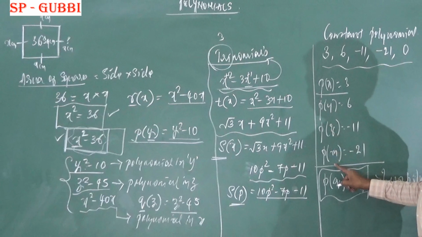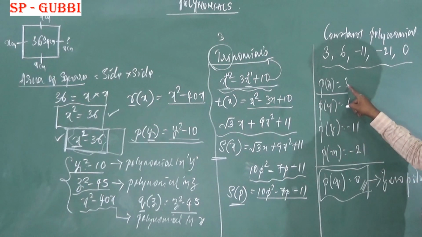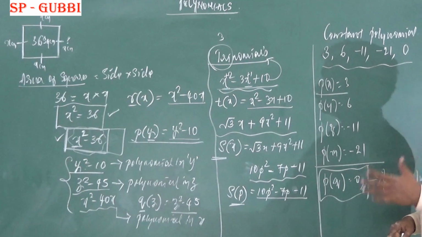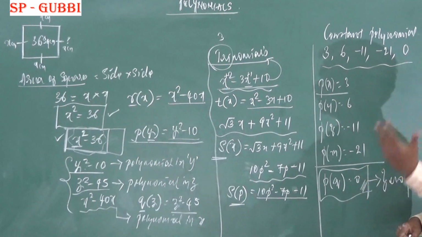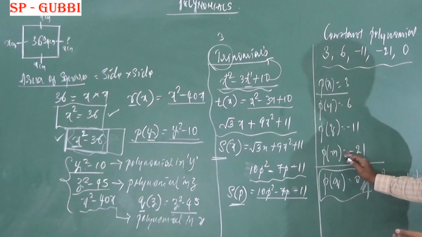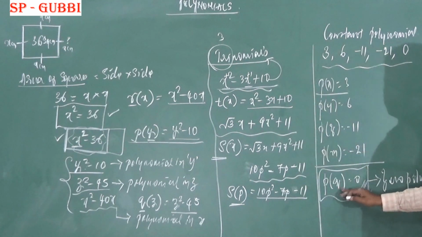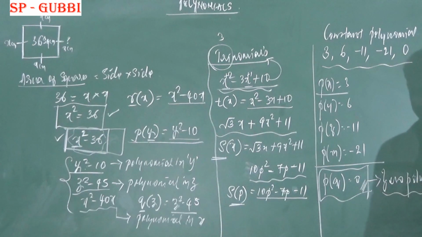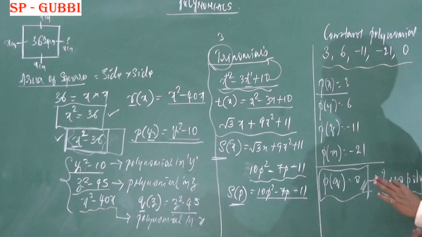If any polynomial is equal to a constant 3, 6, minus 11, minus 21, 100, 200, minus 300, 4000, 5000, something like that, they are all constant polynomials. If and only if a polynomial is equal to exactly 0, then it is called a zero polynomial. It's very, very important.